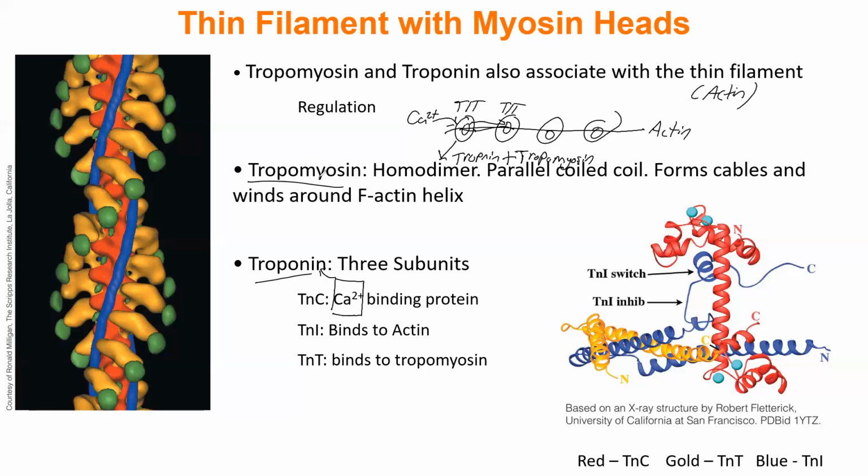So tropomyosin only interacts with actin if troponin is present. And troponin falls off if calcium is present. That's how that system works. So you need troponin to allow tropomyosin to stay on the actin. Calcium will kick troponin off, which is good.